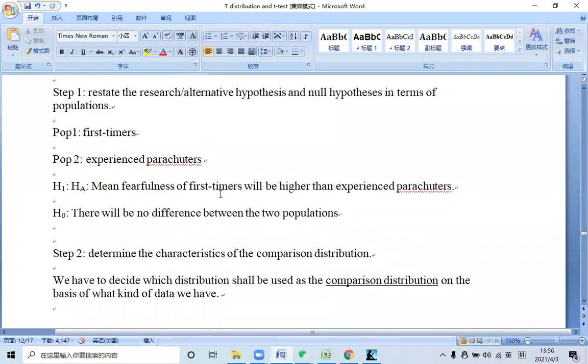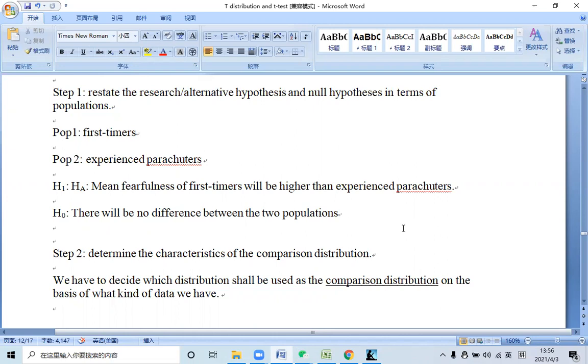And then the null hypothesis says there's no difference between the two populations in fearfulness. The mean of population one would be equal to the mean of population two.